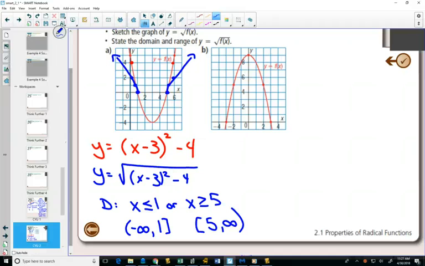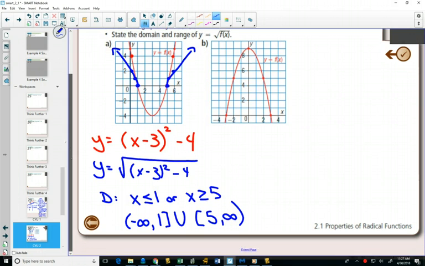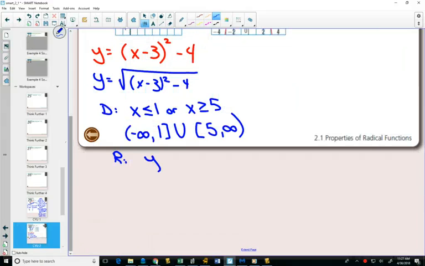And instead of writing or in interval notation, we write a big U. For our range, range is easier here, just y values are bigger than or equal to 0, which you could also write in interval notation as 0 to infinity.